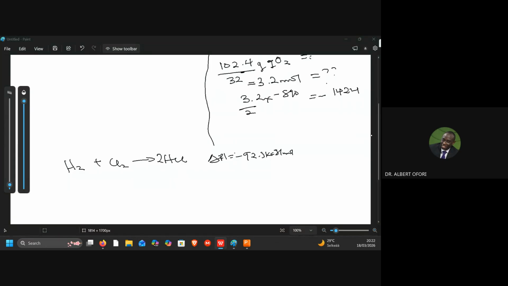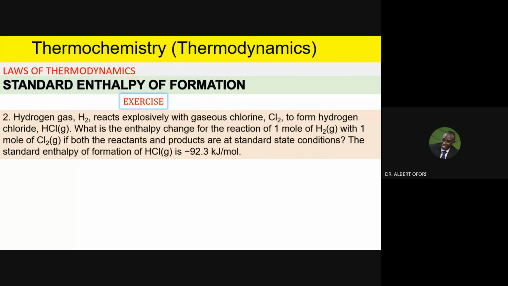This is the question. What will be the enthalpy if 1 mole of this reacts with 1 mole for standard state conditions? He has given us the standard enthalpy of formation for HCl, which is negative 92.3. Did you see that?